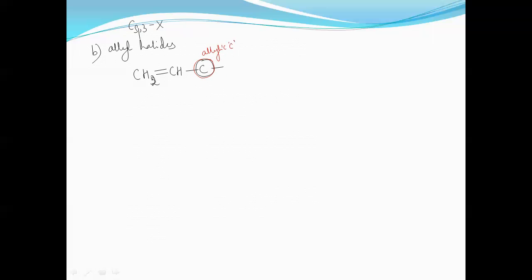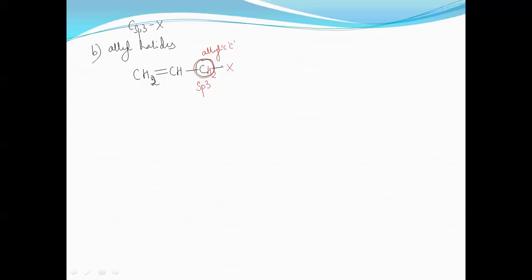So the carbon which is attached to a C=C system. The halogen in this case is attached to a carbon which in turn is attached to a C=C system. So this carbon, no doubt, is sp3 hybridized, but it is attached to a C=C system. Such carbons are called allylic carbon.